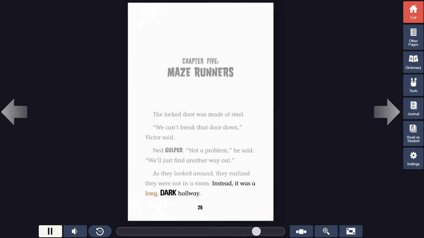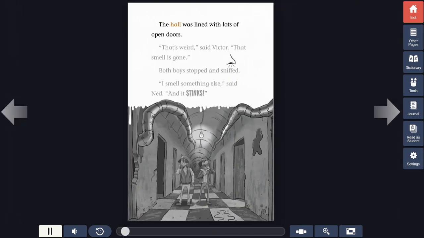Instead, it was a long, dark hallway. The hall was lined with lots of open doors. "That's weird," said Victor. "That smell is gone." Both boys stopped and sniffed. "I smell something else," said Ned, "and it stinks."